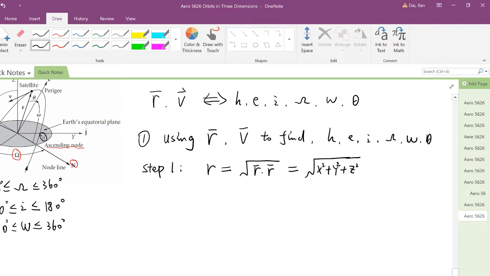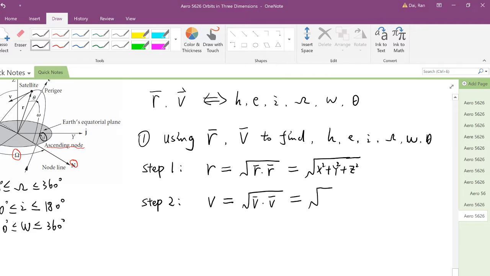And we will do the same thing for the velocity vector, v. So the v magnitude is equivalent to the square root of v dot v.